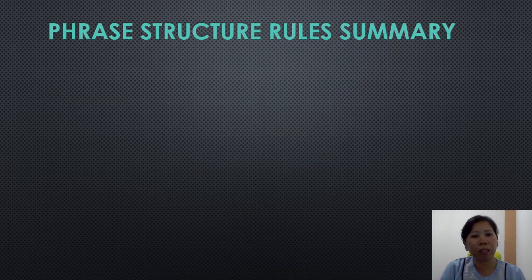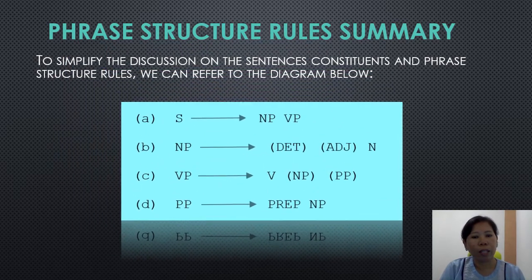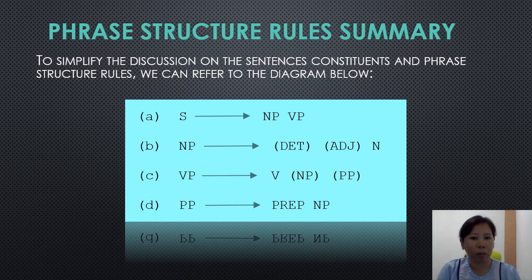Now, to summarize the phrase structure rules, let's take a look at the diagram below. There are 4 basic rules in phrase structure rules. The first one says a sentence contains 2 constituents, the noun phrase and the verb phrase.